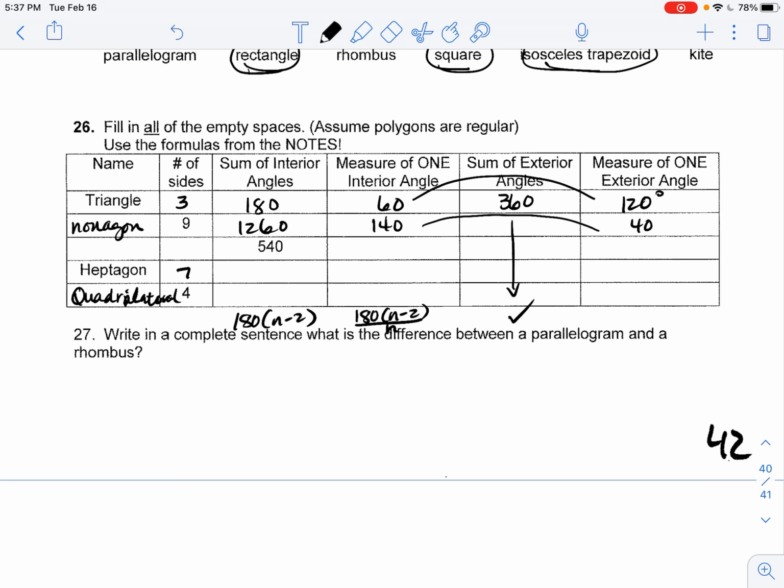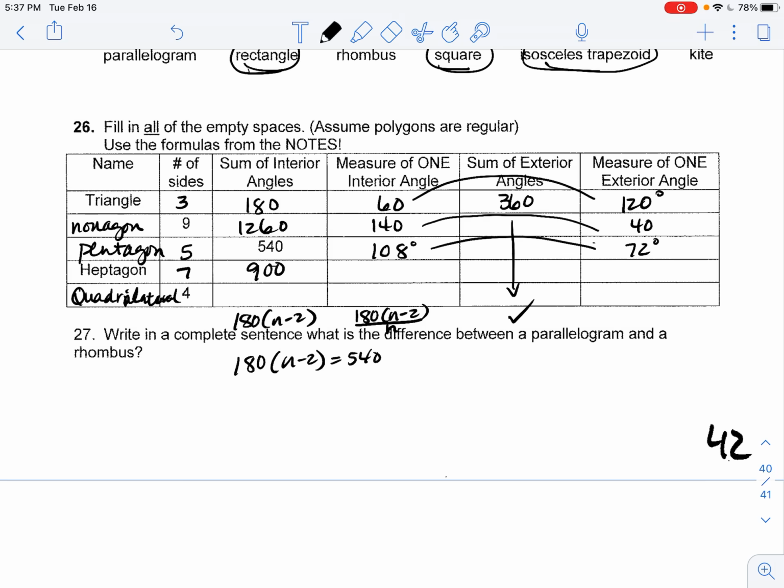We know that these guys are supplementary. Okay, so let's see, 540. We would set 180(n minus 2) equal to 540 and solve for n. If we did that, we'd see that this is a pentagon, 5-sided. One angle, if we divide by 5, we're going to get 108, and the supplement of 108 is 72.